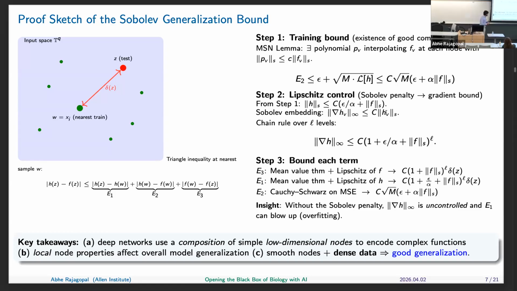The second part of their theorem was that local node properties, in particular the Sobolev norm, or the data density and the gradient of each of the individual nodes, affects the overall generalization ability of the model. And the third insight, which I can see a little more directly in the error bound that we proved, is that if you have smooth nodes and dense data, you have a lot of data on those nodes where the distance to the density of the data is high, you get good generalization properties.